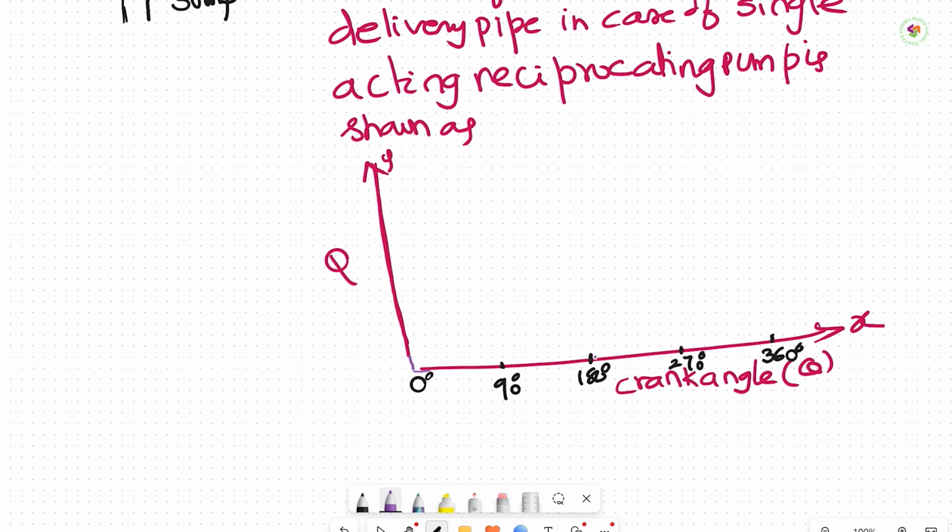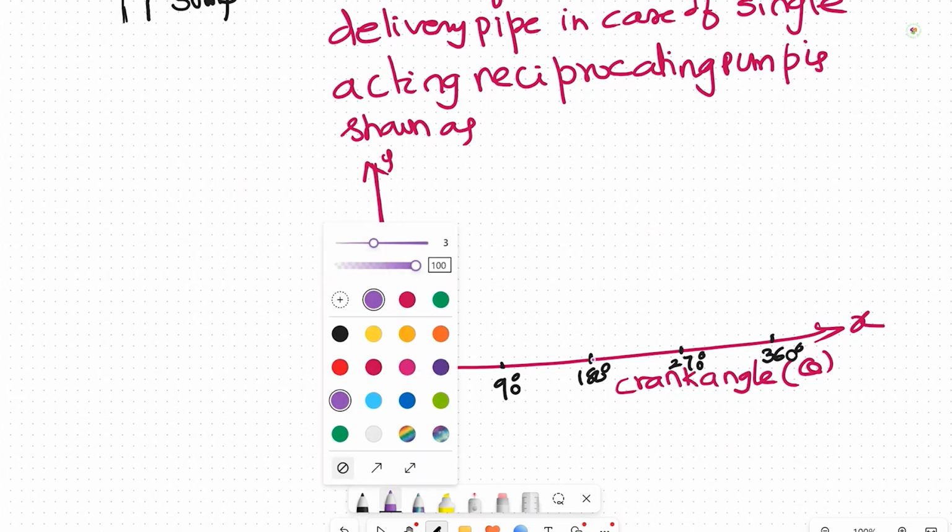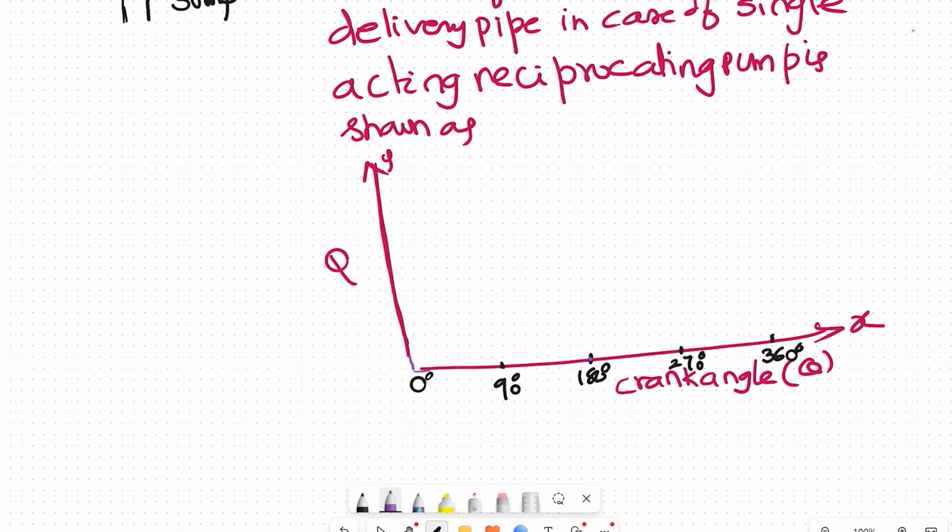So where does delivery start? Delivery starts from here, that means at 180 degrees. This is how the delivery starts.